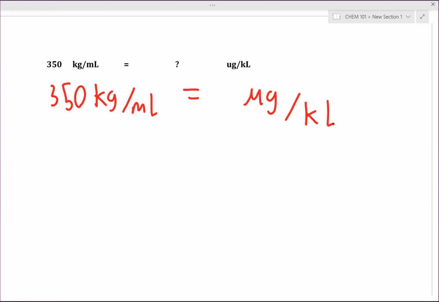Micro is -6. So we're going to go down to meters and then meters to millimeters. Okay.